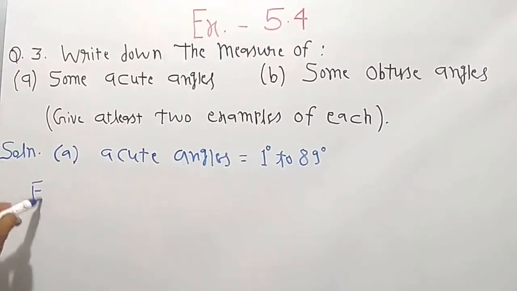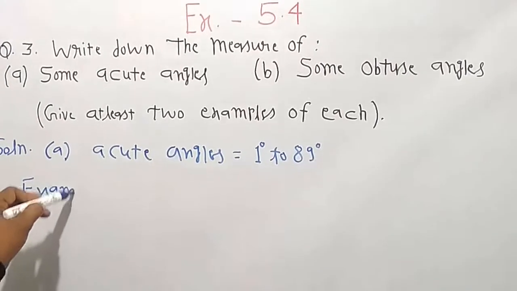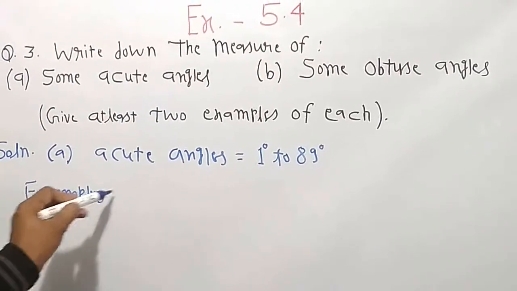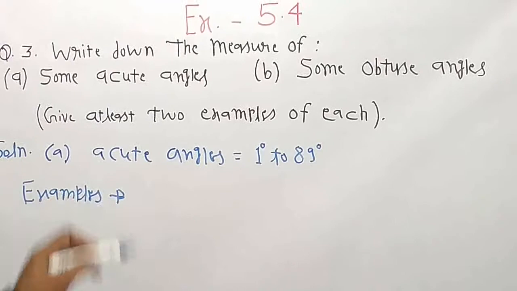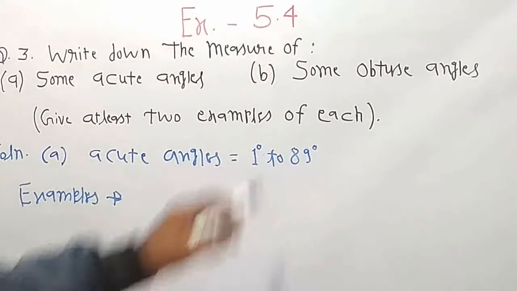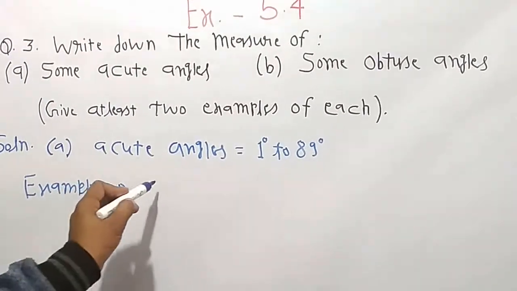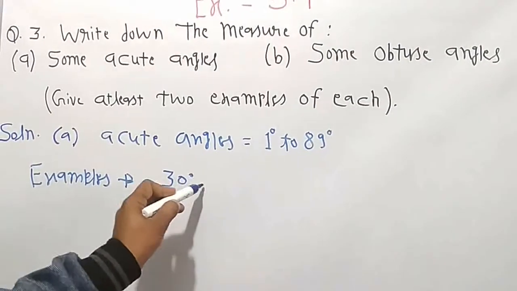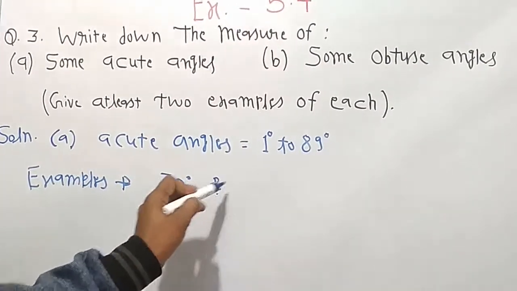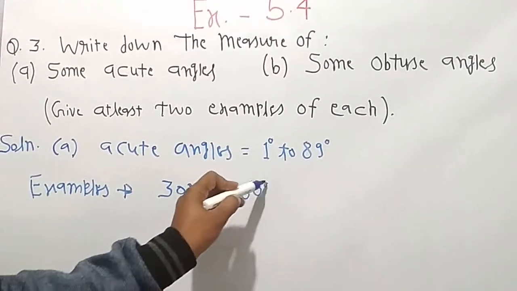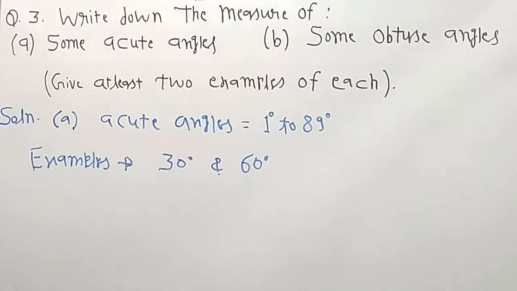So the examples are, we can take any value in between 1 degree to 89 degree. So we can write here degree and 60 degree. These two are the examples of acute angles.